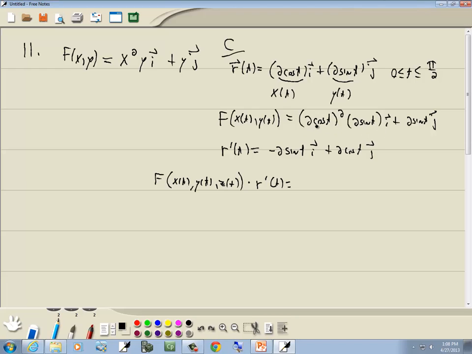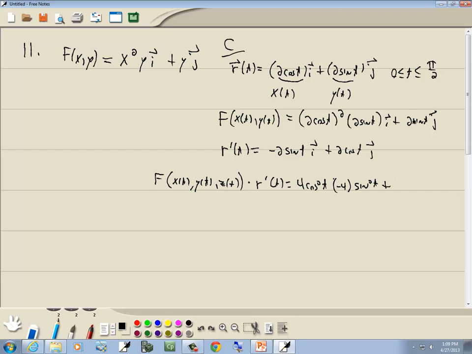So I'm going to take this 2 cosine t squared, 2 sine t times negative 2 sine t. Well, first off, this squared gives us 4 cosine squared t, and 2 times negative 2 gives us negative 4. And sine t times sine t is sine squared t.